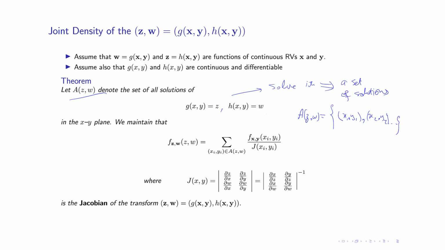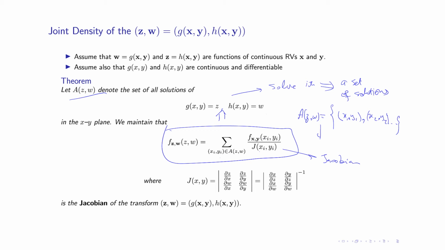So whatever number of solutions you have, once you get the set of solutions, then the joint PDF of Z and W is obtained by this equation, which is a summation over all possible solutions of these two equations, because this is the set of all possible solutions, of the joint PDF at the solution divided by the Jacobian at the solution.